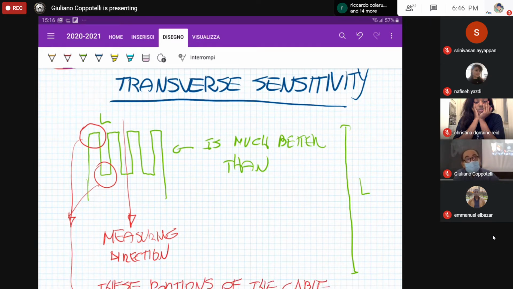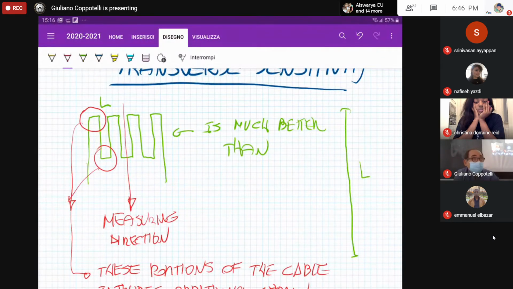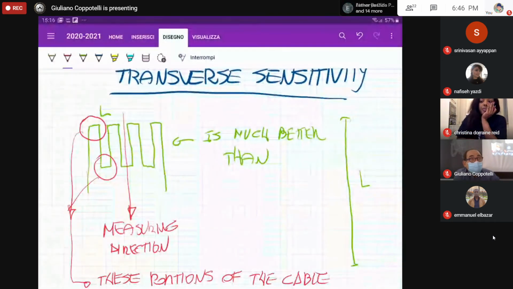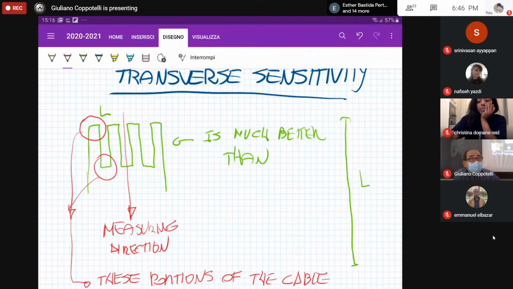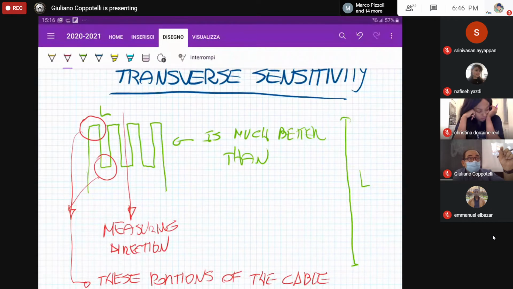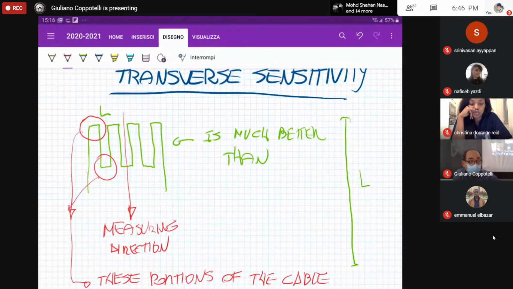And because we are willing to measure a local quantity, the strain, the left side configuration is much better, okay? Because the same length is shrunk into a very small portion of the area compared to the other one. And remember, we would like to have information local in a point because strain is a point quantity, okay?